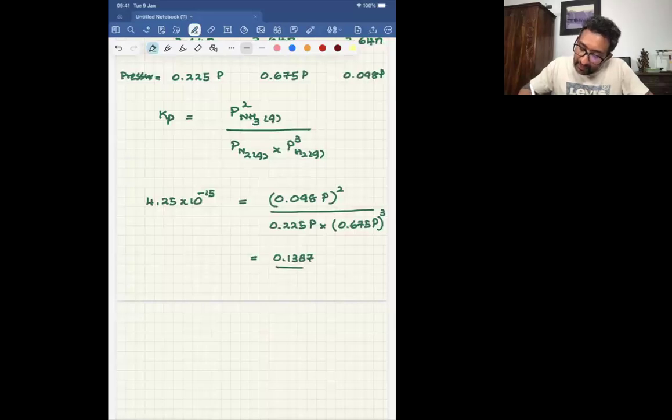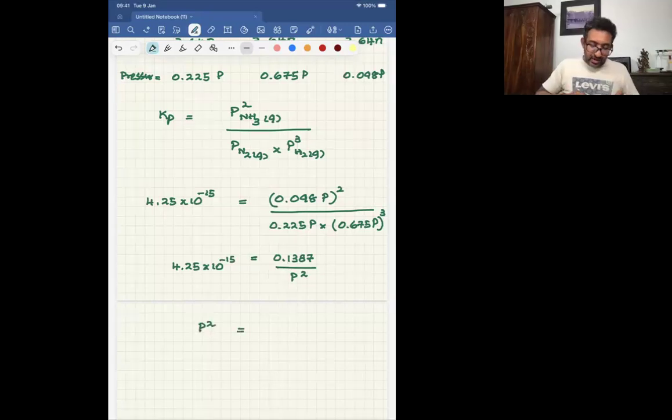So 0.1387 divided by P squared equals 4.25 times 10 to the power minus 15. How much is P squared? 0.1387 divided by 4.25 times 10 to the power minus 15 is 3.26 times 10 to the power 30.